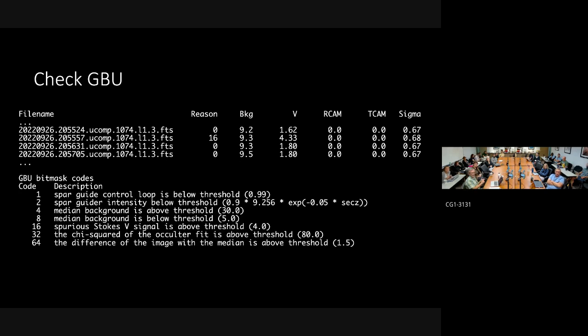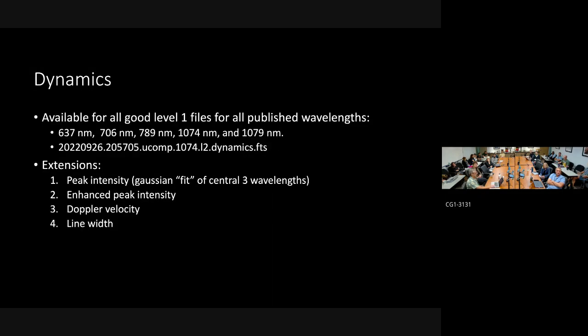We're looking at things like the background value, the V signal, the chi-squared of the fit that we did when we found the occulter. And sigma is the number of standard deviations from the median image that this image is, from the like images, in the same program. Okay. So if it passes the level 1, then we move on to the level 2.